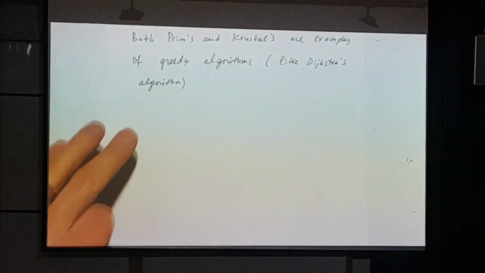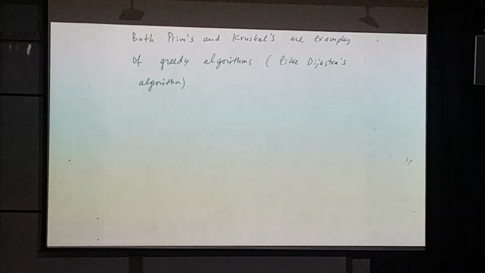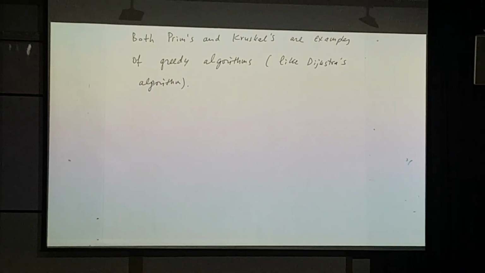So we want to minimize our total weight. So at each iteration, we follow our greedy strategy and we go for the best option available at that stage. And we're not worrying about how our earlier choices will affect our future choices, right?